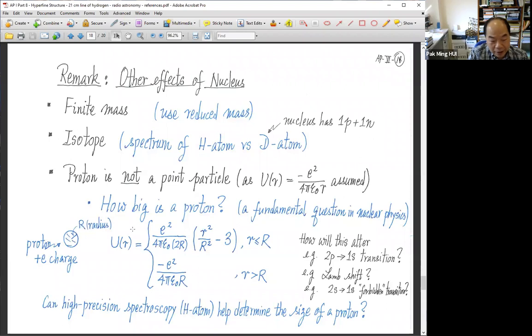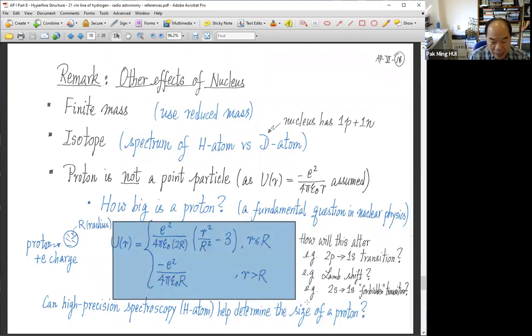And you also know, if you look into Griffiths' electrodynamics, what this finite-size nucleus provides as the potential energy function in the Schrödinger equation. It will give you a potential energy function like this, okay? Outside the sphere is just the usual Coulomb, because outside there you see the whole thing. But if you go inside the sphere, you only see some of it, so it's not the Coulomb anymore.